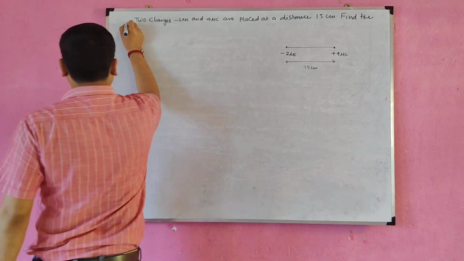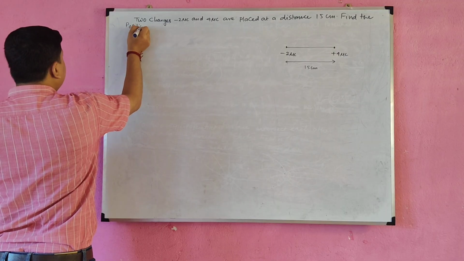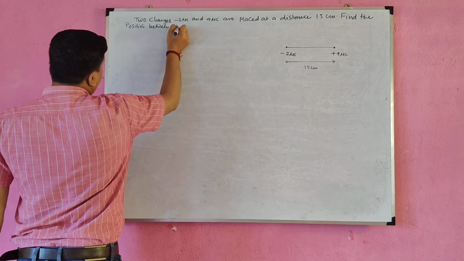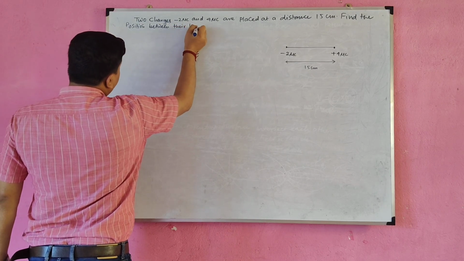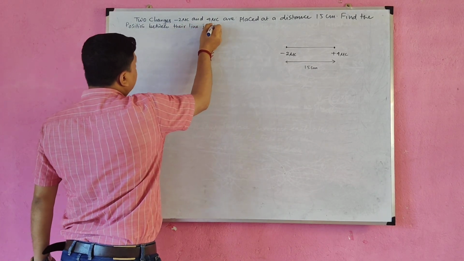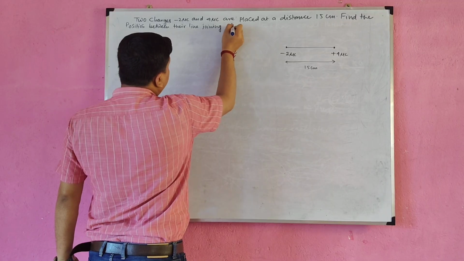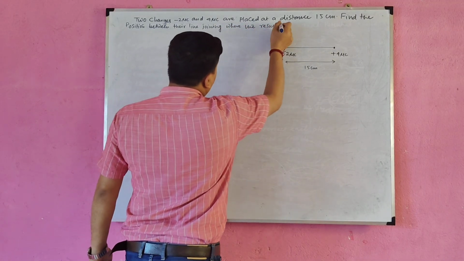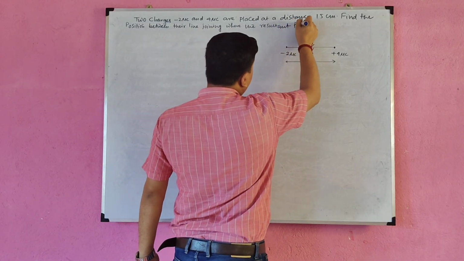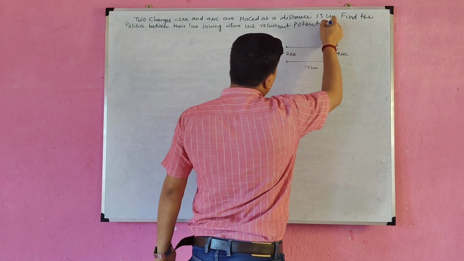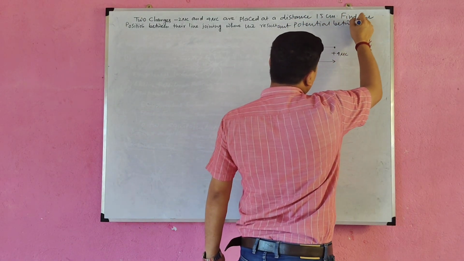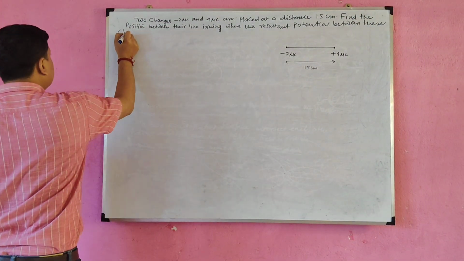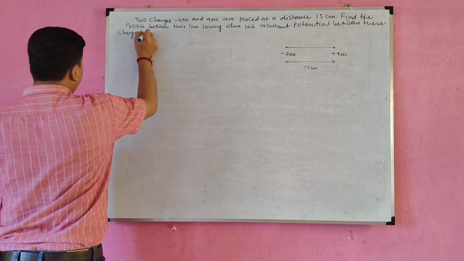Find the position between their line joining where the resultant potential between these two charges became zero.